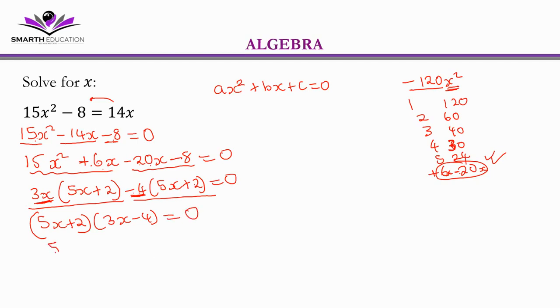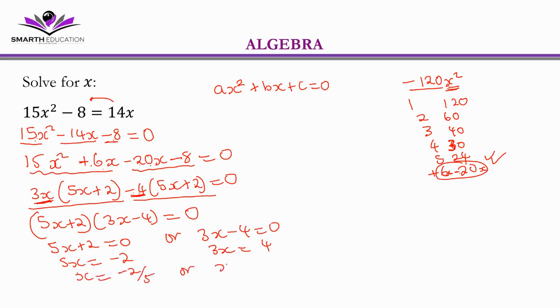So 5x plus 2 is equal to 0, or 3x minus 4 is equal to 0. Then 5x is equal to negative 2, or 3x is equal to 4. Then we divide by 5 on both sides here. X is equal to negative 2 over 5, or x is equal to 4 over 3.